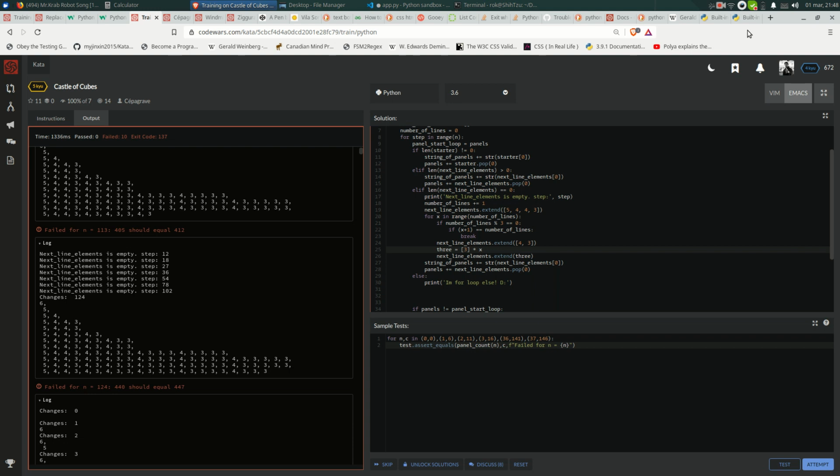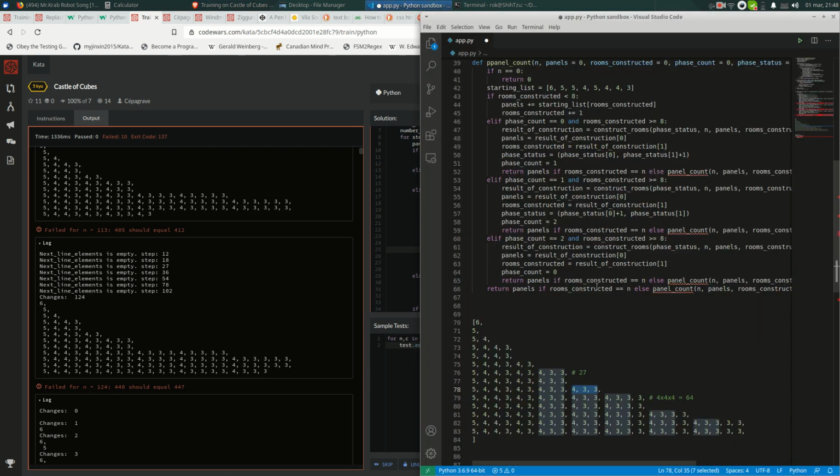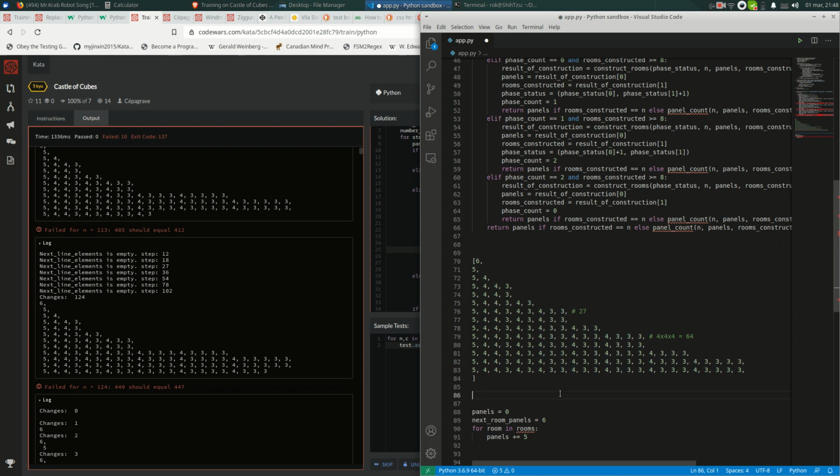Because the thing is regarding the number of 3's in this thing over here, we could make a pattern of how they are supposed to look like.